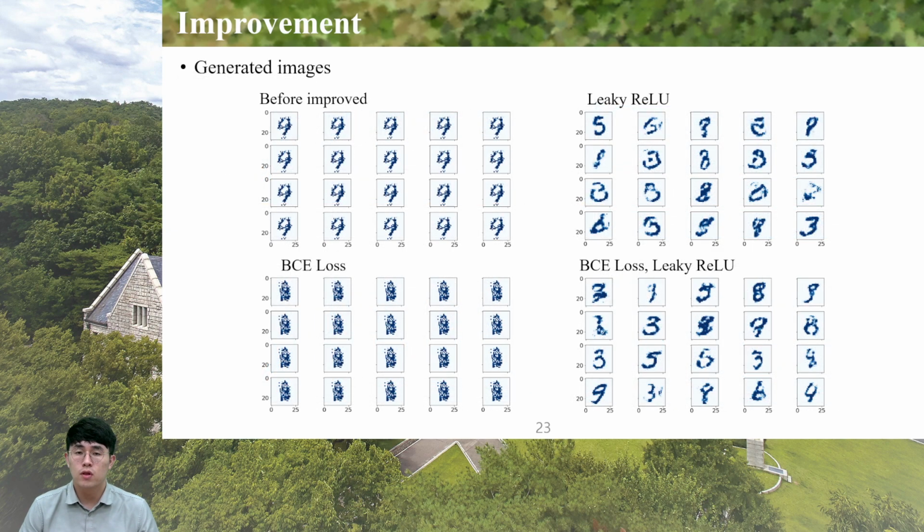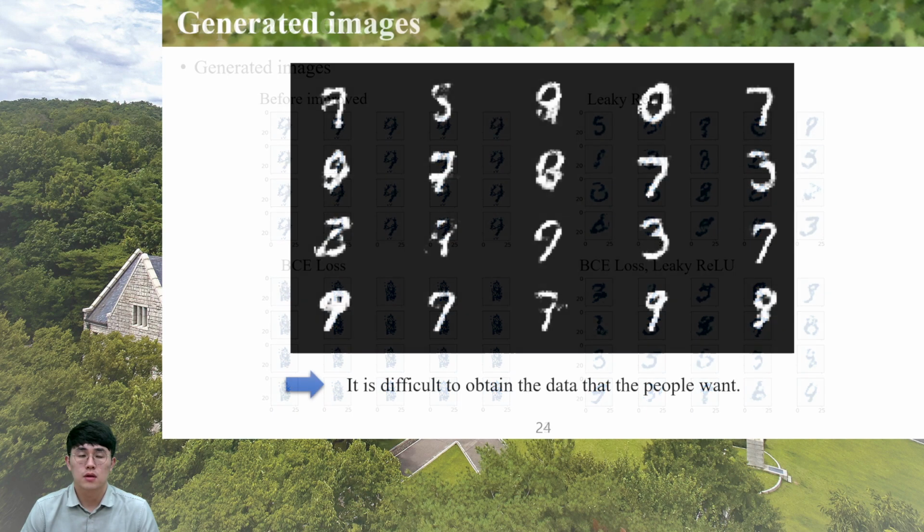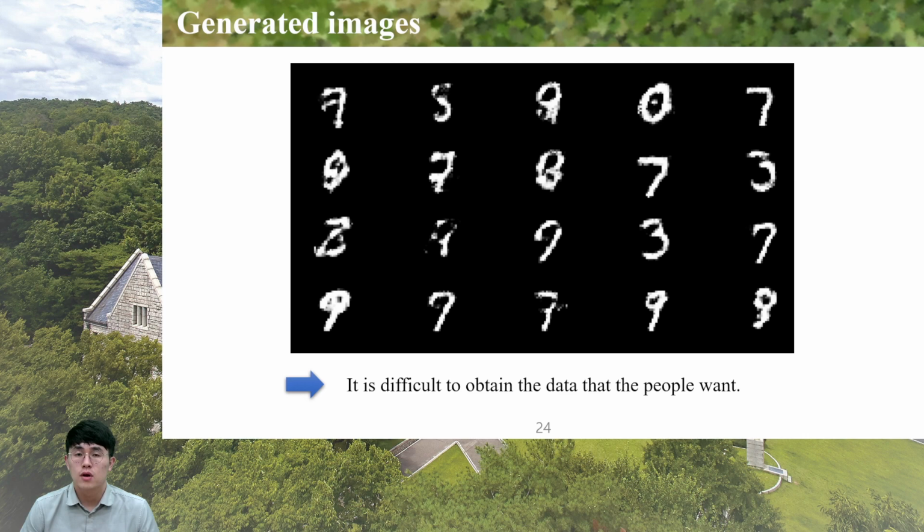Furthermore, if you look at the image generated by the generator, you can see that better results were obtained after the improvement. However, there is one regret about the generator that we learned in this manner. I will tell you while watching the video.